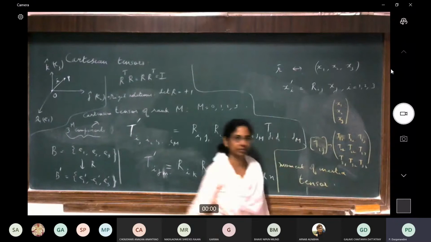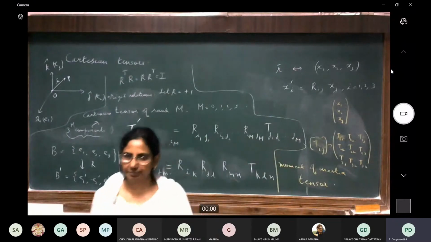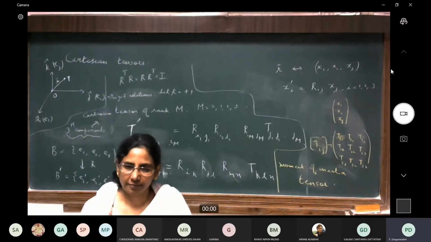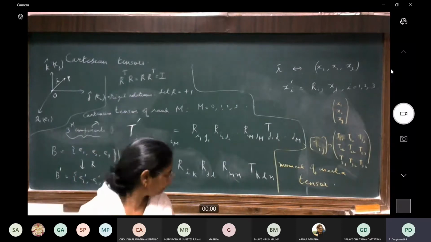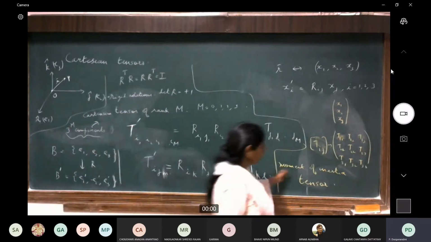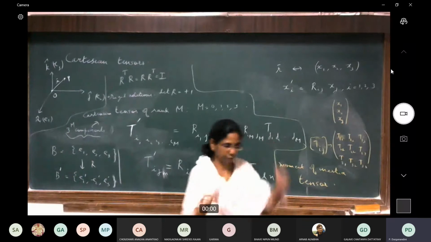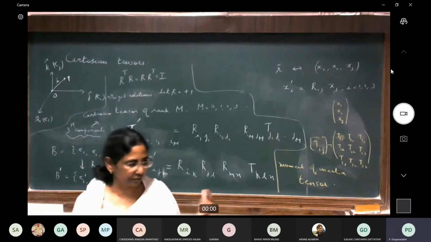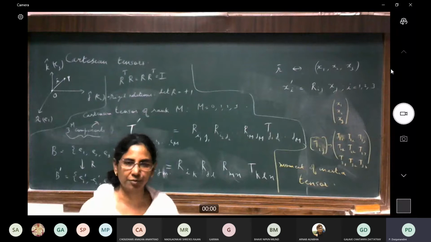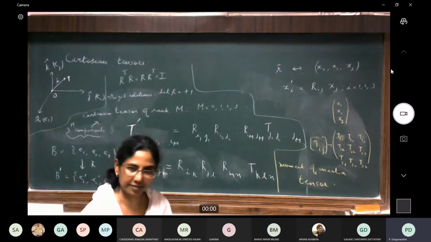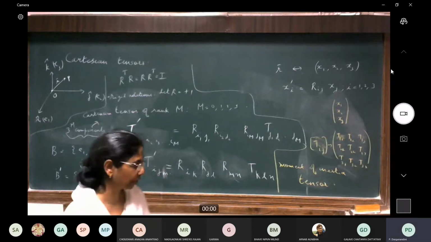All of you have encountered the moment of inertia tensor. That means if I have a rigid body and I figure out the moment of inertia of that rigid body, and if it's not isotropic, then you will find that the components actually form the components of the second rank tensor from a physics point of view.